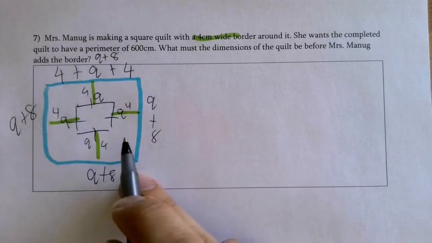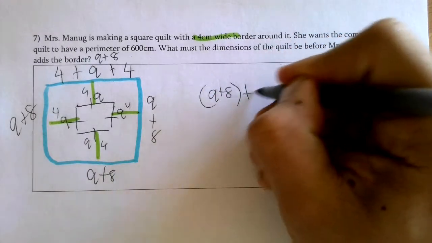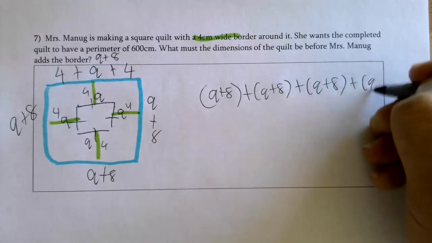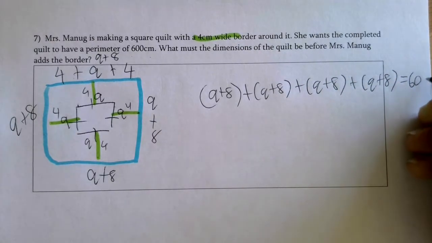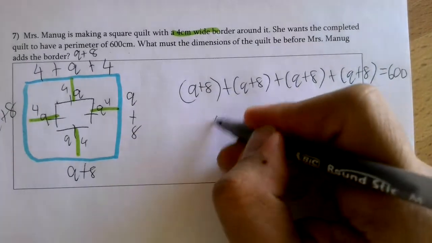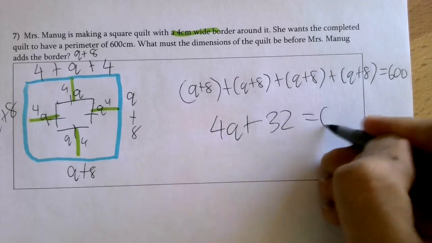So we need to add it all up because the perimeter is 600. So Q plus 8 plus Q plus 8 plus Q plus 8 plus Q plus 8 gets me 600. So let's add it. Q, 2Q, 3Q, 4Q plus 8, 16, 24, 32 equals 600.